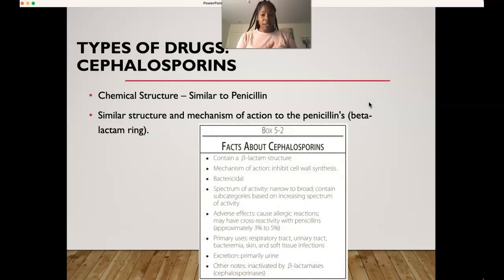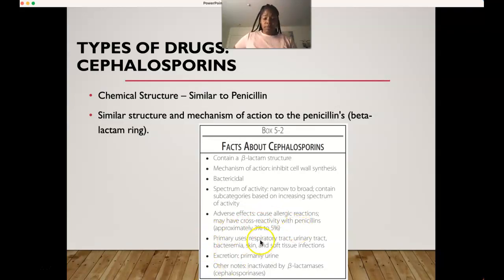Okay, last but not least, some things that you need to know about the cephalosporins that maybe differ a little bit from your penicillins. It would be they're narrow to broad, which we saw on the other table. The other thing that you could see, adverse side effects, they're very, very similar to that of the penicillins.